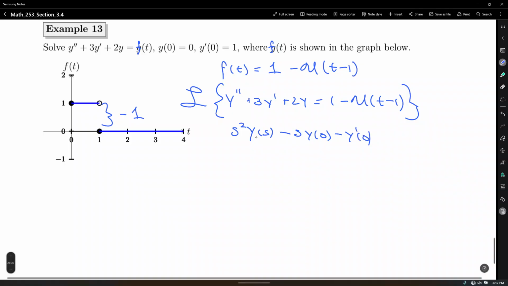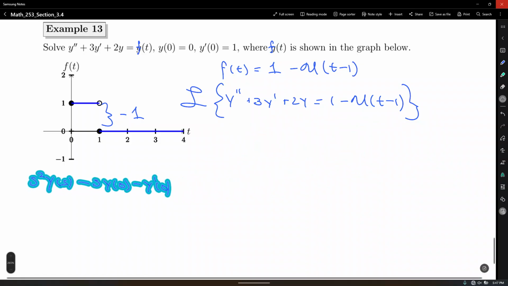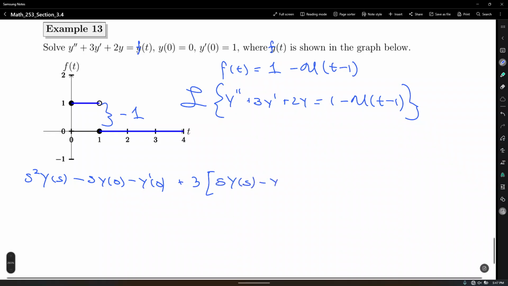So that is the transform of the second derivative. Actually, I think I'm going to need extra space, so I'm going to go below the graph. Now, plus 3 times the transform of the derivative, which is s Y of s minus y of 0, and the transform of 2y, that is plus 2 times Y of s.